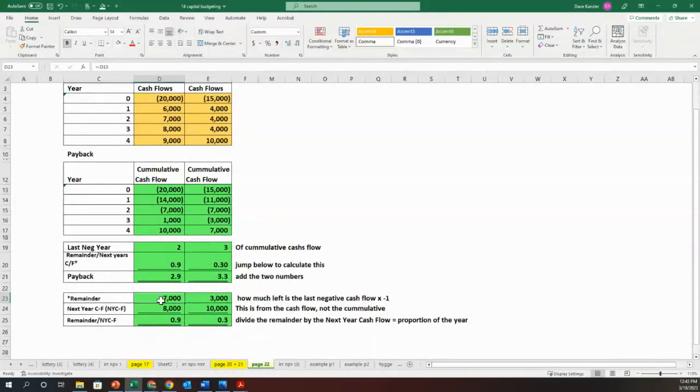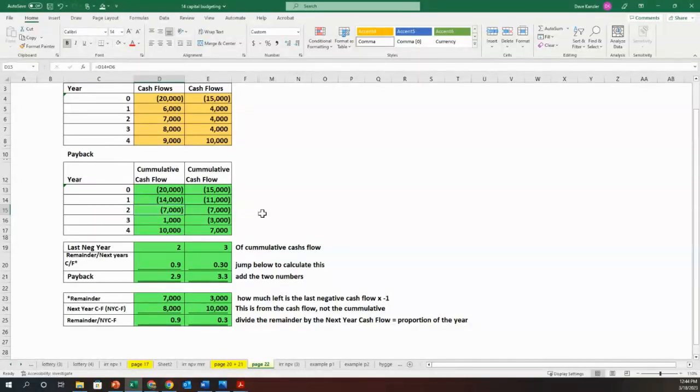So this is where it gets a little tricky. How much is left? How much left in the last negative year? How much was left to go for it to become net zero? Well, it's just obviously the negative balance of that last year. So in other words, we were negative 7,000. The last year we were negative cumulative was year 2.